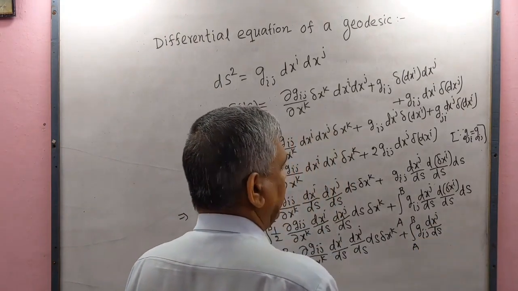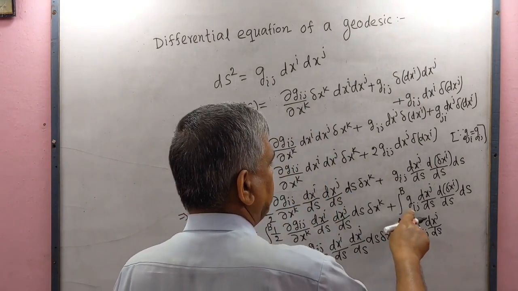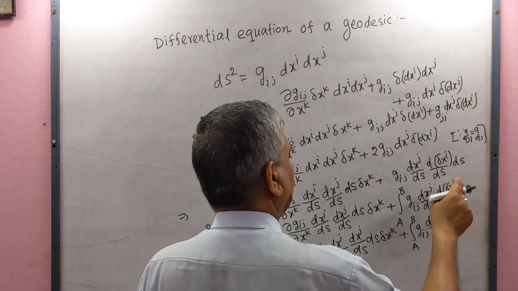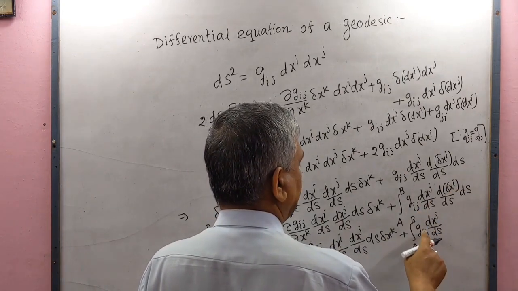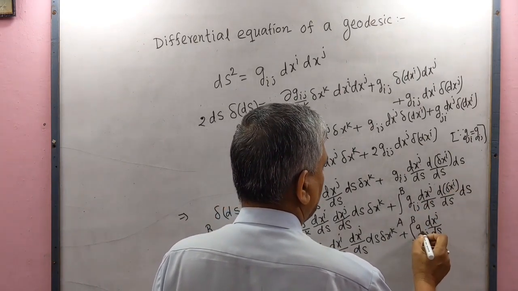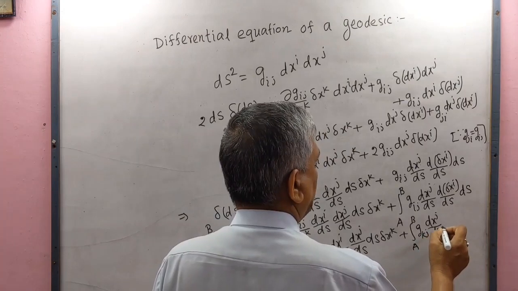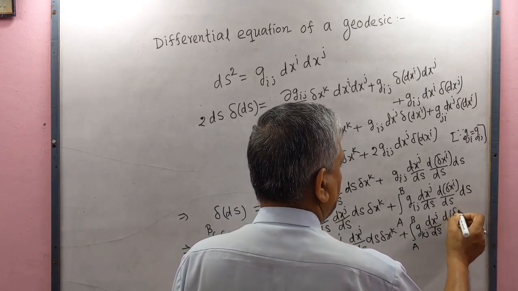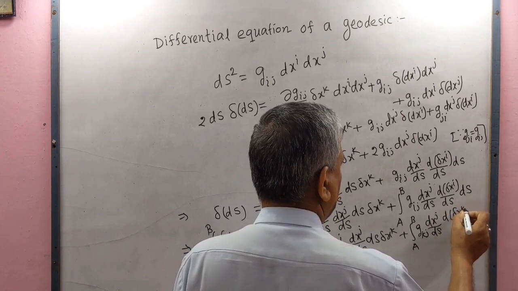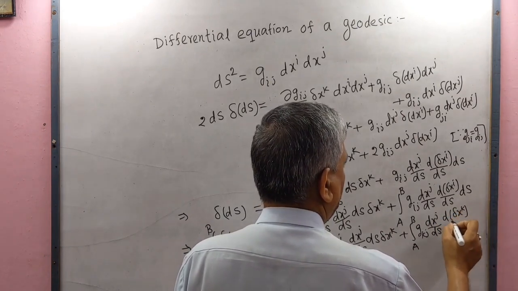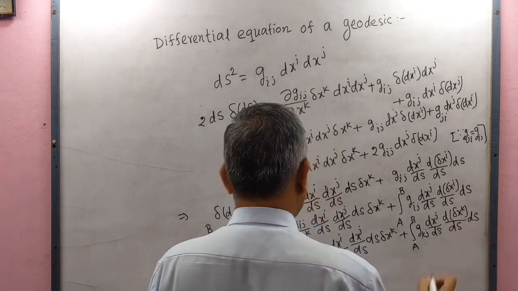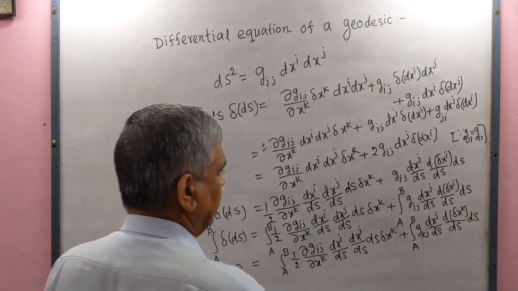Here we may change the dummy suffix i by k. So we may write here k and here also d delta xk by ds into ds. This is number 1 equation.